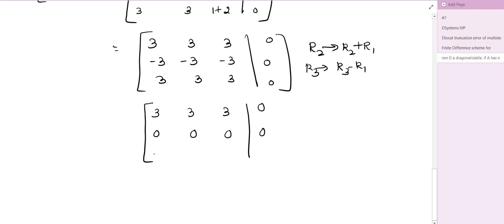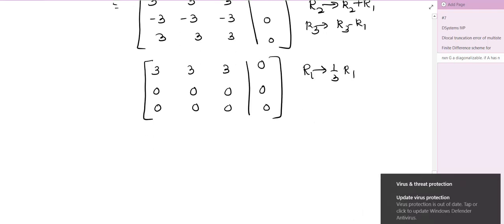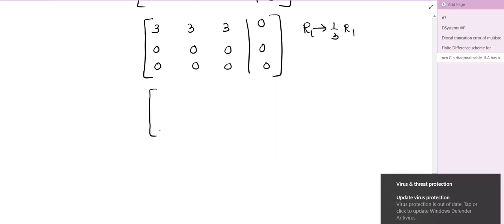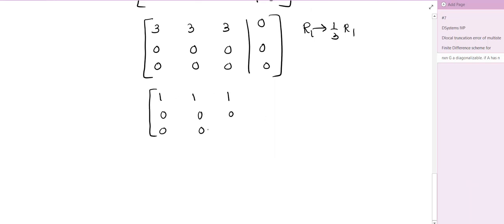So here you can observe clearly, R1 changes to 1 by 3 of R1. So this will give me 1, 1, 1, 0, 0, 0, and this is our final matrix after doing the row transformation. Clearly you can see x2 and x3 are the free variables, since there are no pivot positions there.